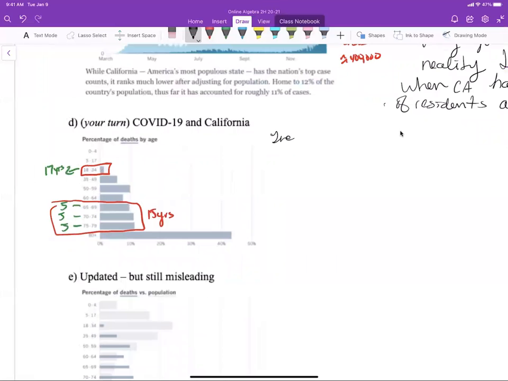So the bar widths are still not uniform. Oh, I'm sorry, that's the second graph. Bars are not equal in width.